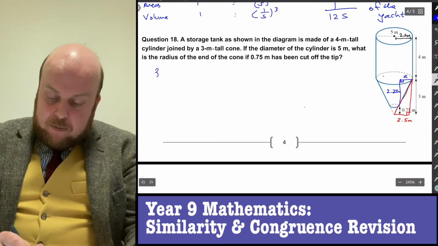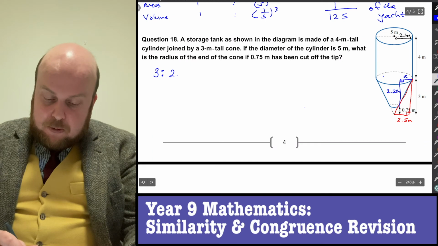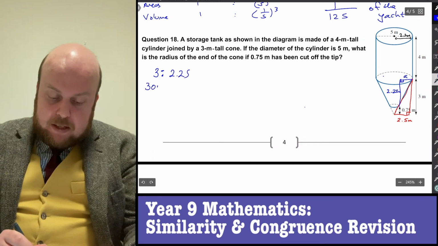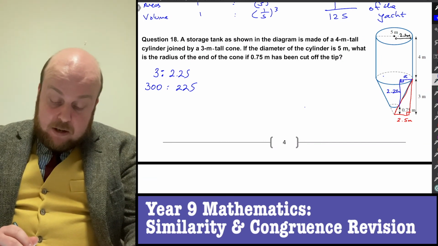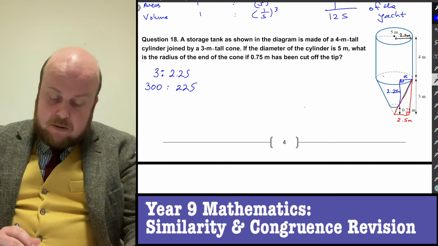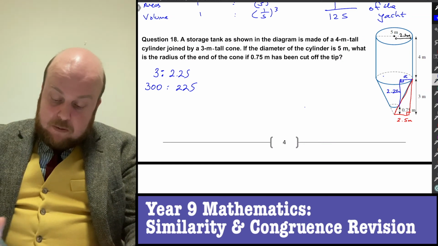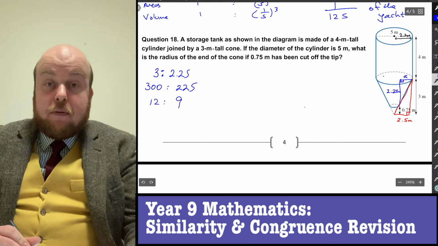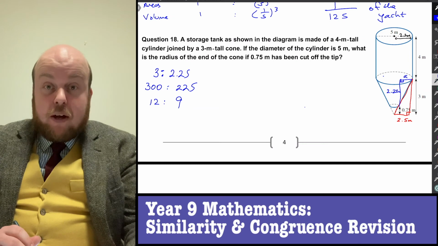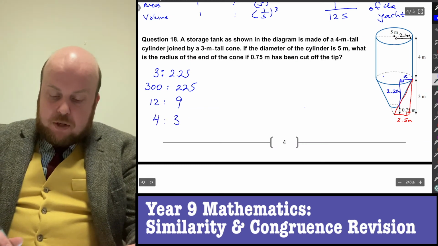I've gone from 3 meters down to 2.25, which is the same as saying 300 to 225. If we divide by 25, that gets me a 12:9 ratio, and I can divide both by 3 to get a 4:3 ratio.